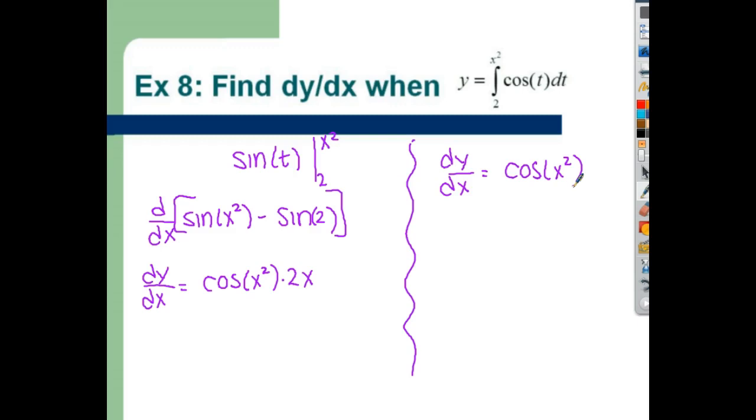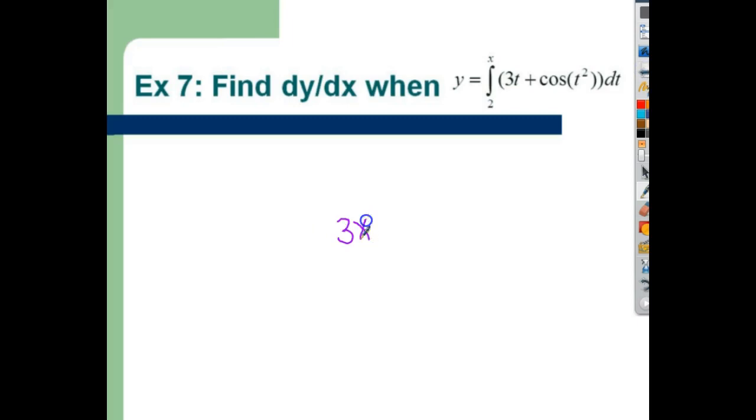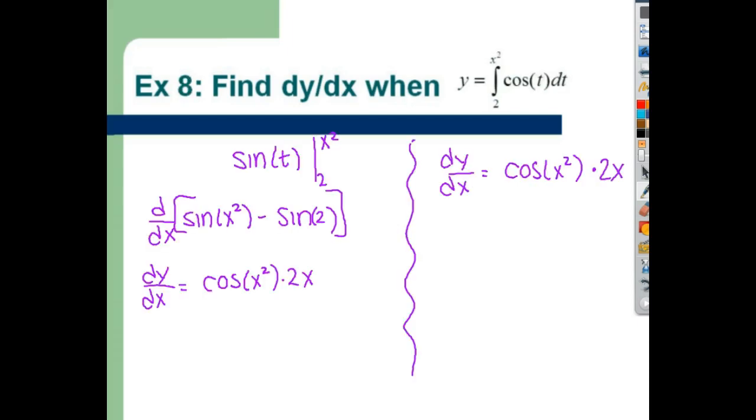So where the flaw comes in is if your upper bound isn't just an x and it has a derivative itself, you have to plug in the upper bound and then multiply by the derivative of the upper bound. So what you weren't seeing here is when you plugged in this upper bound, if you actually multiply by the derivative of x, you get 1.